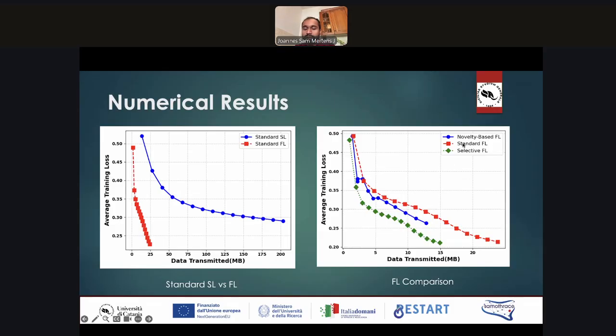Then we also compared with the three federated learning variants. We found that the selective federated learning consumed much lesser data, because only the digital twins that have good performing models participate in the federated learning round. So this was consuming much lesser data.